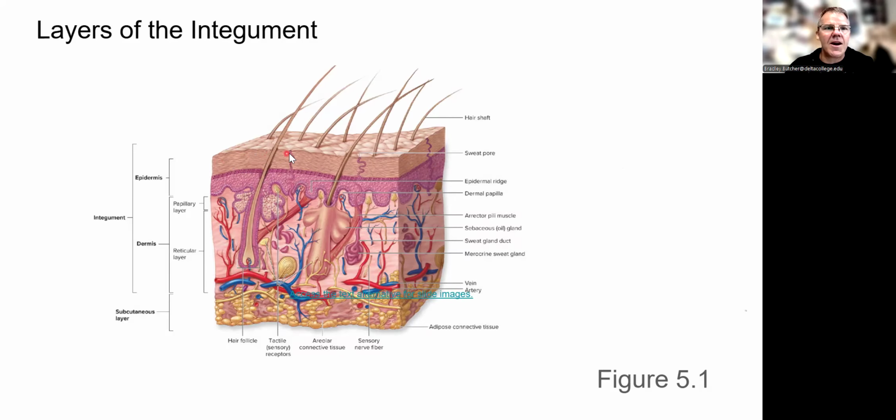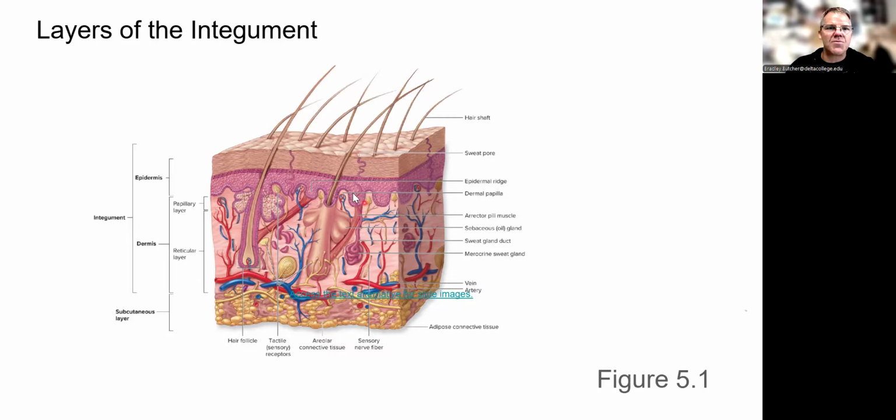All right, so out here we have the epidermis, right? All those squashed squamous epithelial cells. You can see in here some hair shafts sticking through, some sweat pores. That just means little holes where the sweat can come out. Underneath here, you have the dermis.